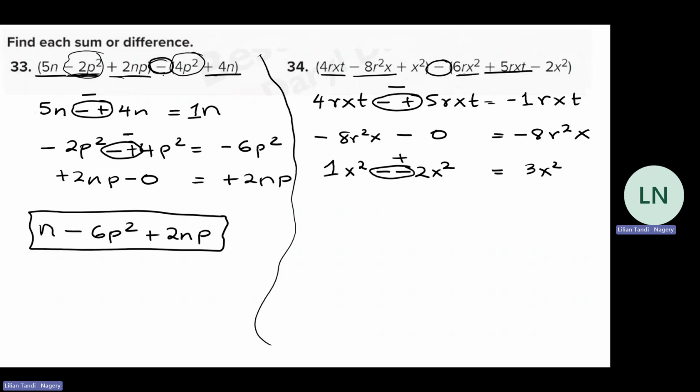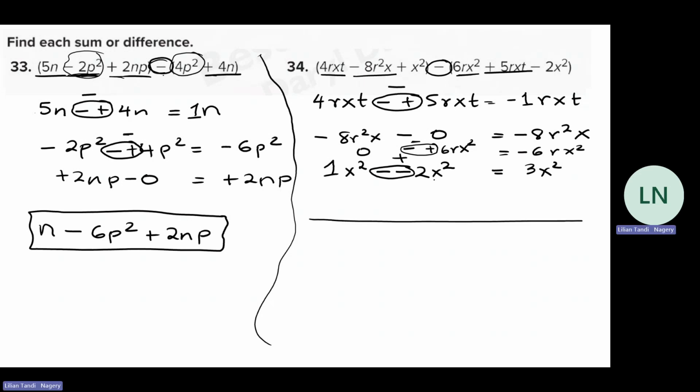But before that, there was this. So rx squared does not have a friend here. So 0 minus positive 6rx squared gives us minus. So 0 minus 6 is negative 6rx squared.